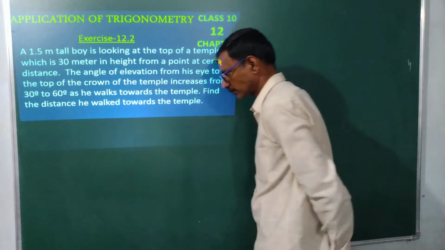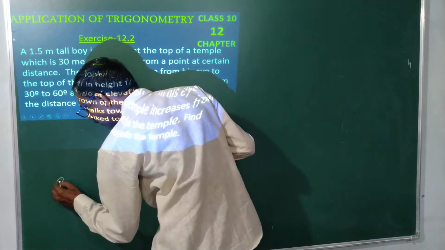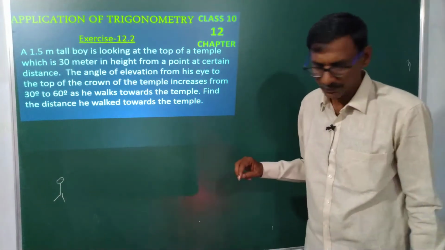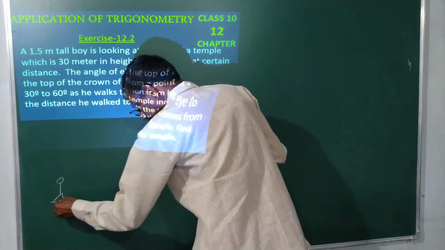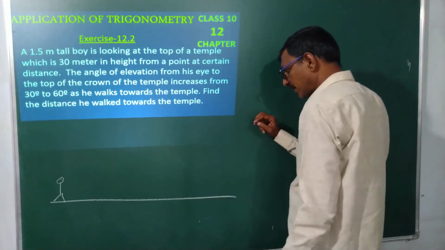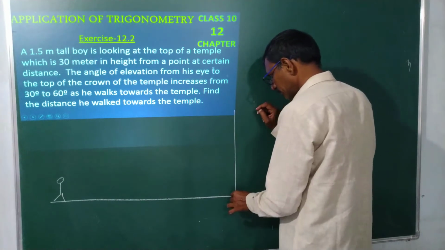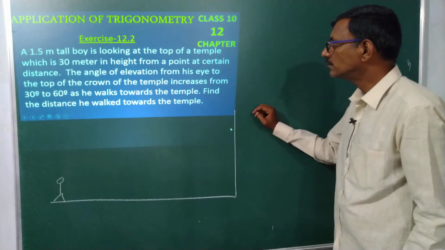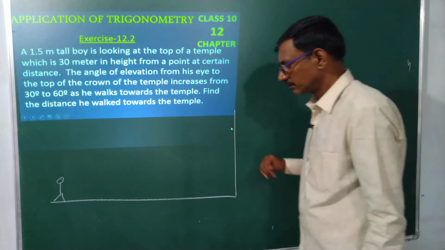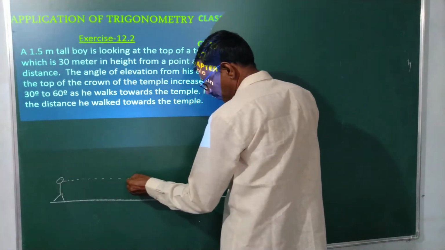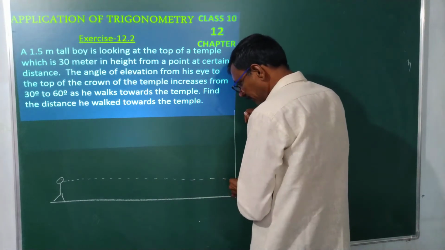Suppose here is my boy. He is looking at a temple. I told you clearly, this is my horizontal line.